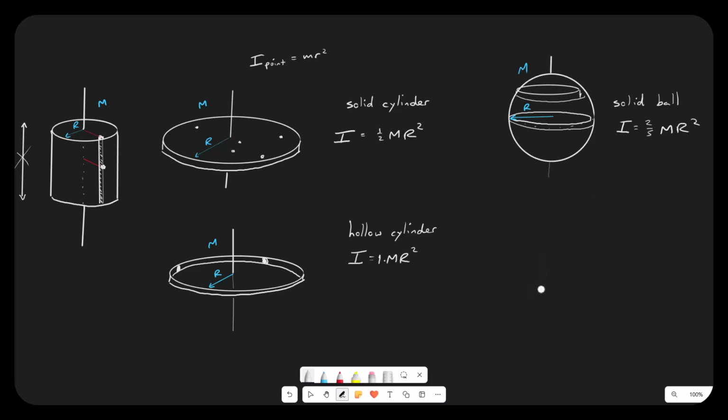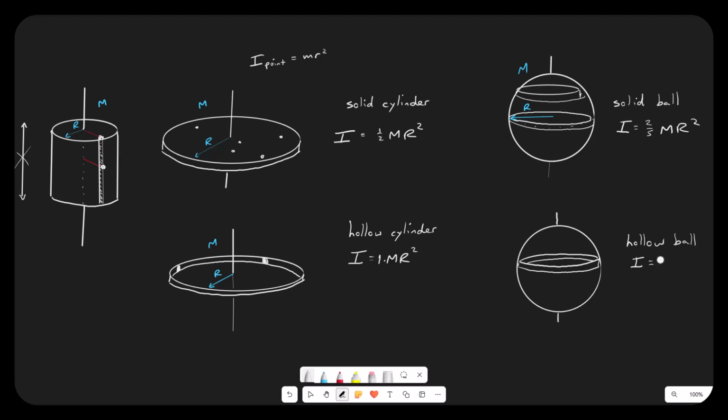What about a hollow ball? A hollow ball I can make out of hollow cylinders. So I expect that I'm going to get a smaller moment of inertia than for a hollow cylinder, but a bigger moment of inertia than for a solid ball.